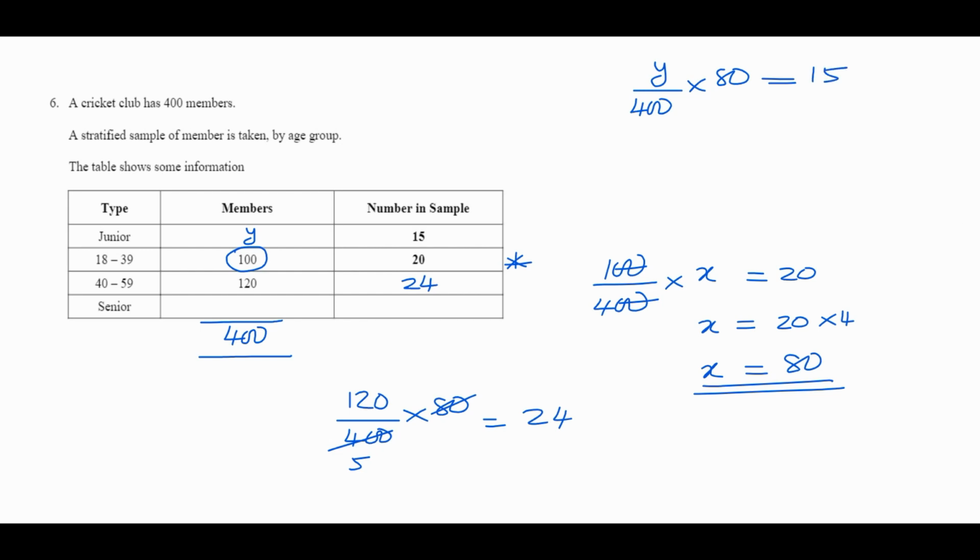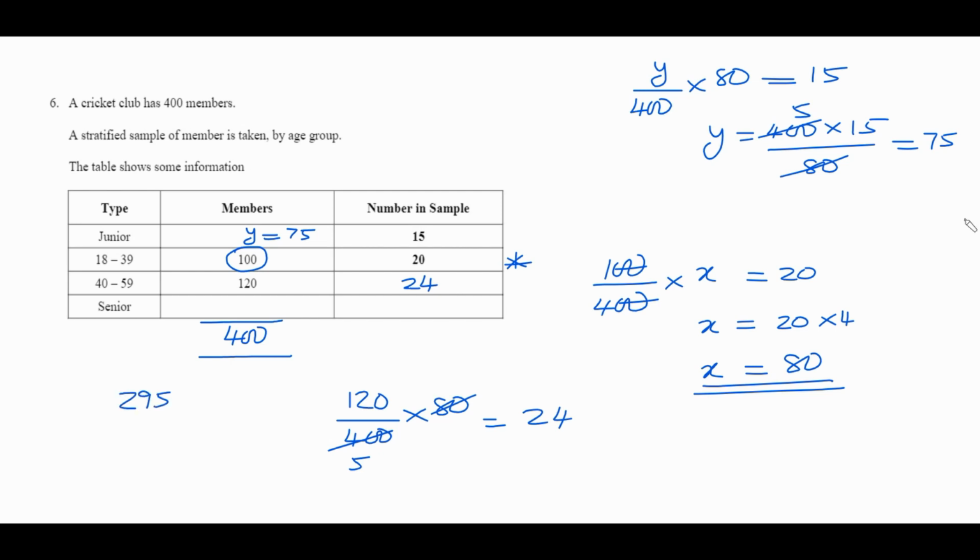So do the algebra. So Y equals 400 times the 15 and divide by 80. We know 80 goes into 400 five times. 5 times 15 is 75. So if this is 75, you can find out what this is. 100 plus 120, 220.